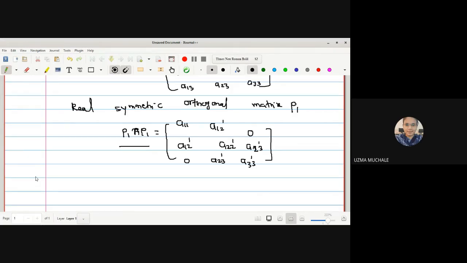This P1 is obtained in such a way that P1 is equal to I minus 2 V V transpose.